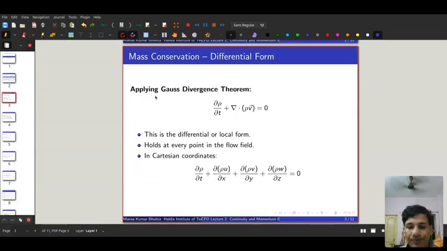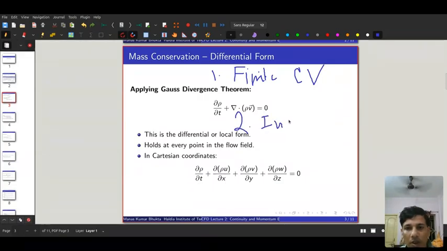Now we will go for the finite control volume approach. Already we have discussed there are two approaches. One is the finite control volume (CV) approach, and the second one is the infinitesimally small fluid element.